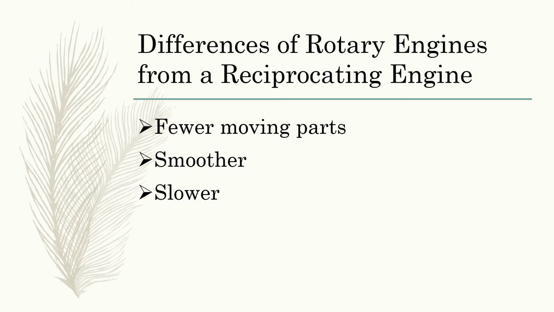The power delivery is also more continuous because of the 3 power strokes for every turn of the rotor. And lastly, a rotary engine is slower because the rotor spins at 1/3 the speed of the output shaft, so the main moving parts move slower than those in a piston engine, which improves reliability.